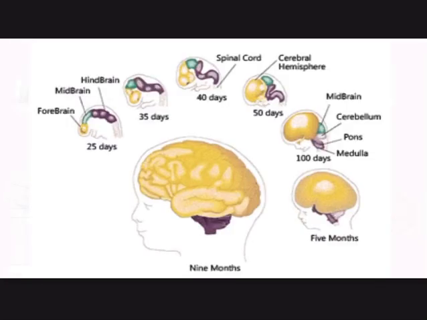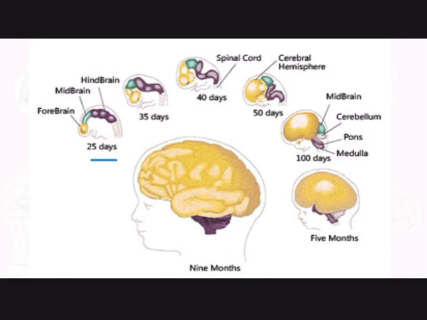Again, you start from 25 days, you start with forebrain, midbrain, hindbrain. Again, in 40 days, you start to have spinal cord development, around 40 days approximately.